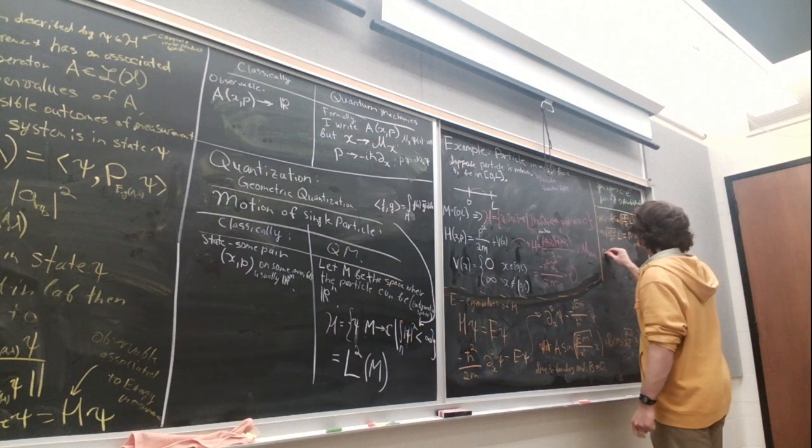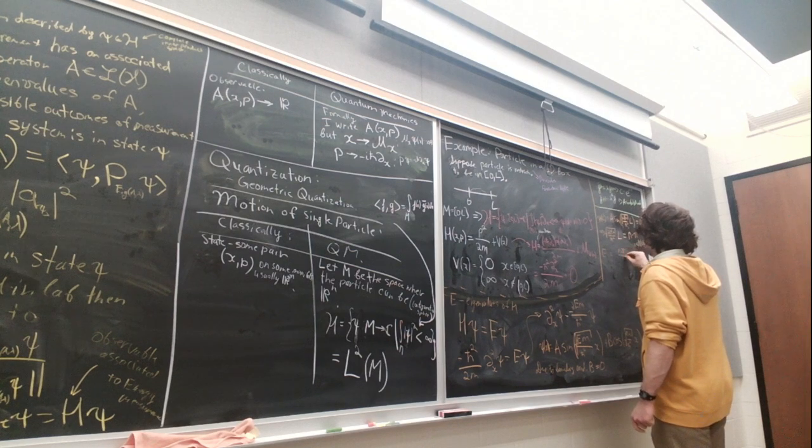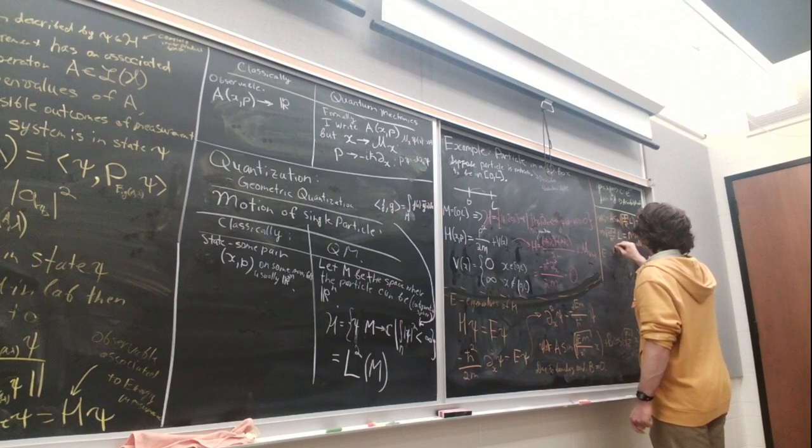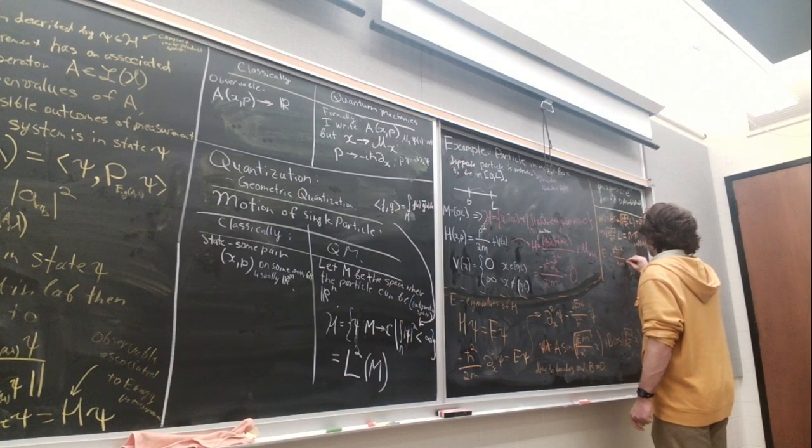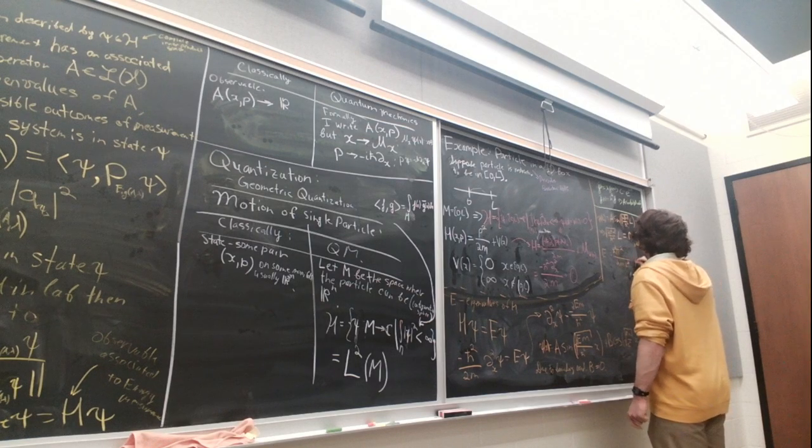The energies should now be n pi over L... let me just write it: h bar squared pi squared over 2m L squared times n squared.